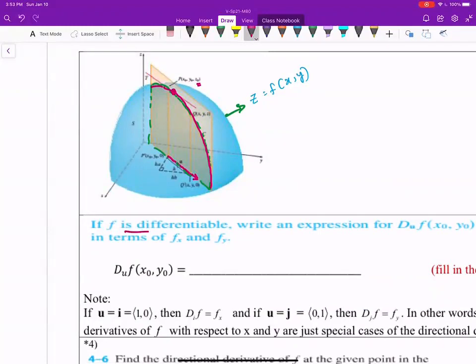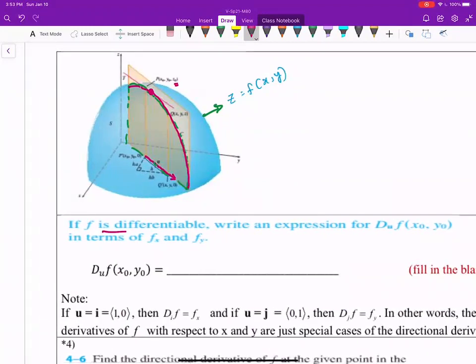If f is differentiable, write an expression for D_u f at (x0, y0), the directional derivative in the direction of u, in terms of the partial derivative of f with respect to x and the partial derivative of f with respect to y.